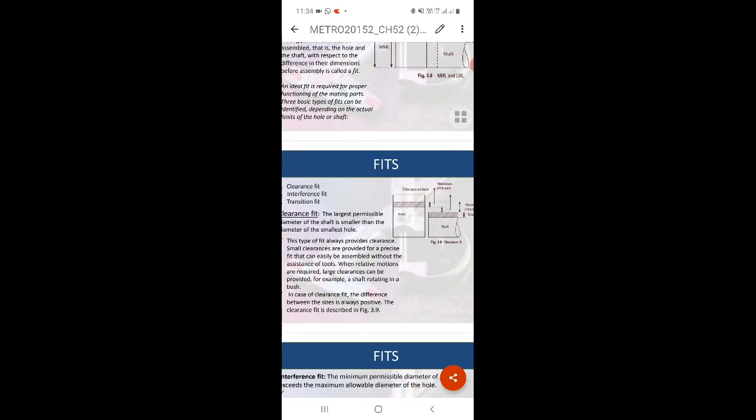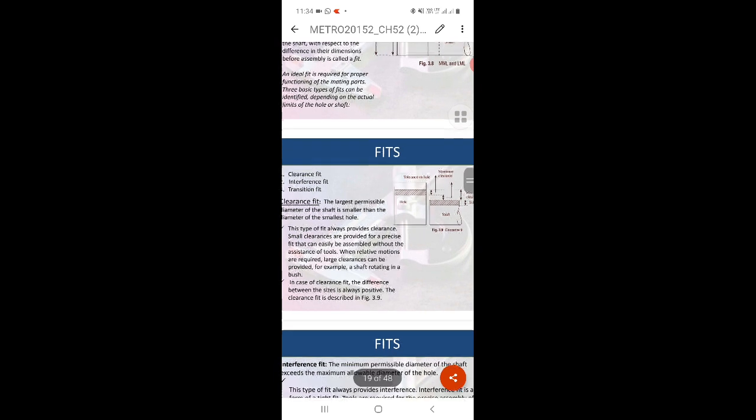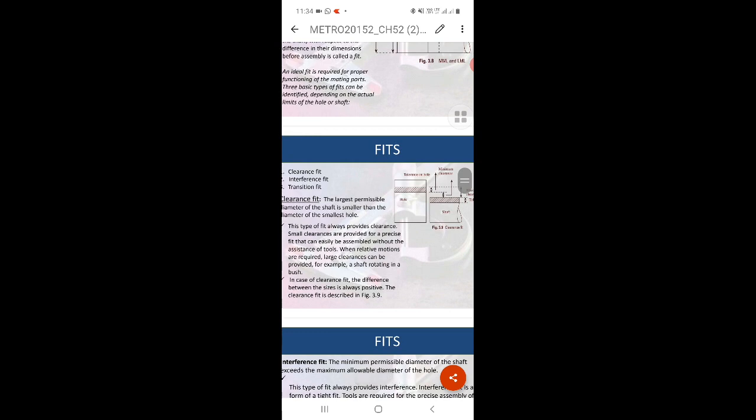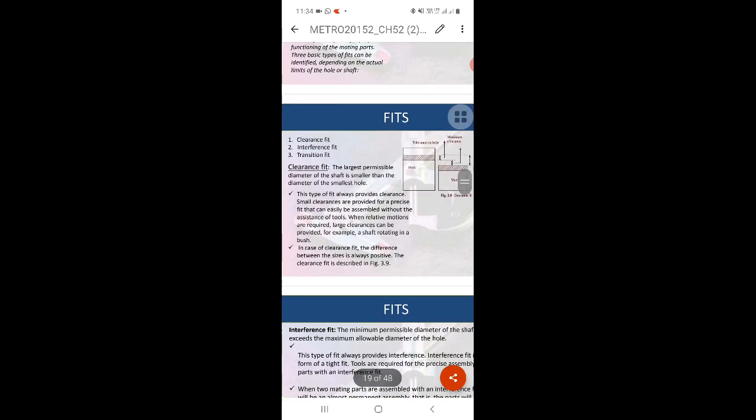Small clearances are provided in a precise fit, which is assembled without using tools. In others, large clearance can be provided. For example, a shaft rotating in a bush is an example of a clearance fit. The name indicates it: clearance fit.